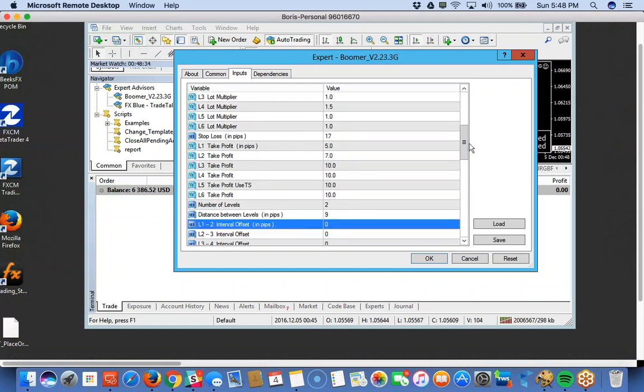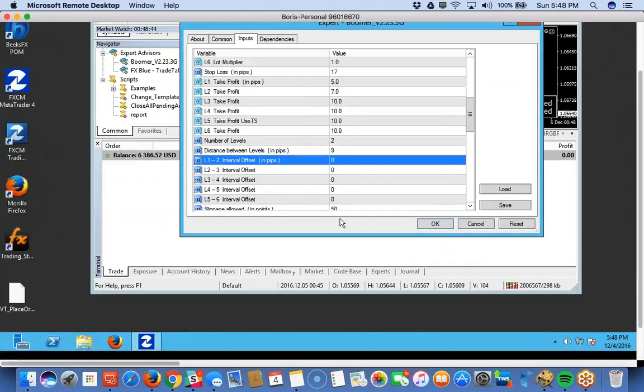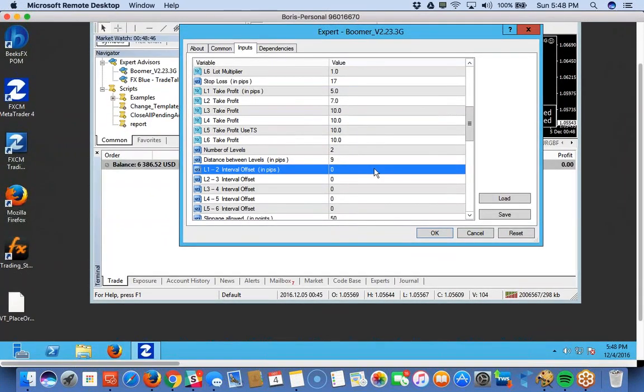Oh no! I'm sorry. I do need this too, because the distance. No, that's fine. I just needed to set this at 9. I'm sorry. That's all fine. I don't need to do any of the offsets and everything else. And so now I've set this up.